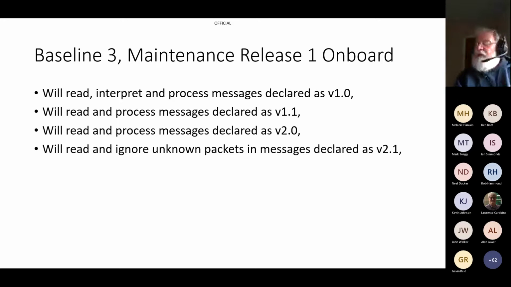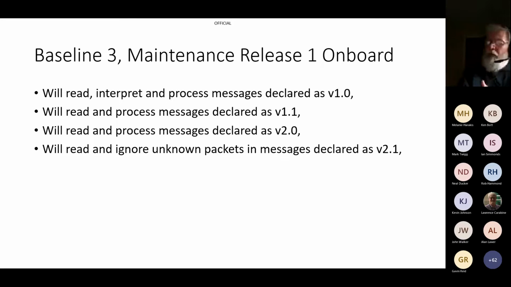And that's actually the debate that is going on now about the next release, because if we declare it as 2.2, we're saying that the majority of the language is compatible and the functions are compatible, and it's okay for a B3 MR1 train to operate on a release 3 trackside.